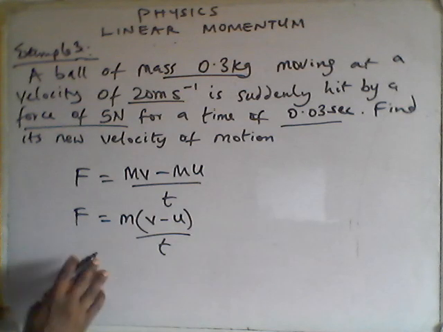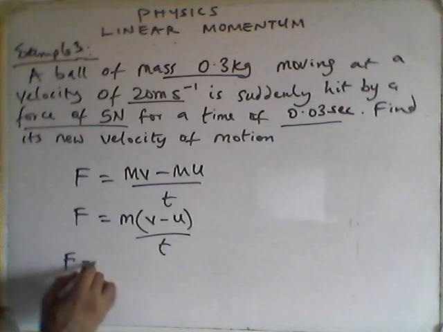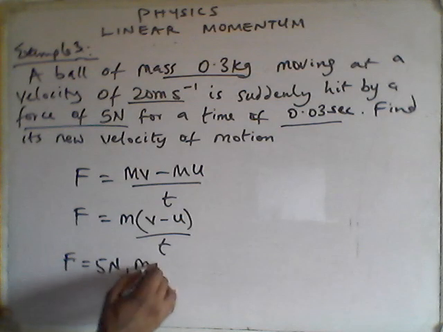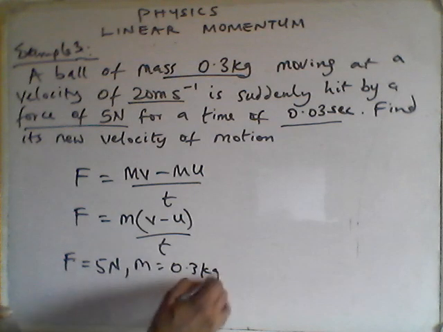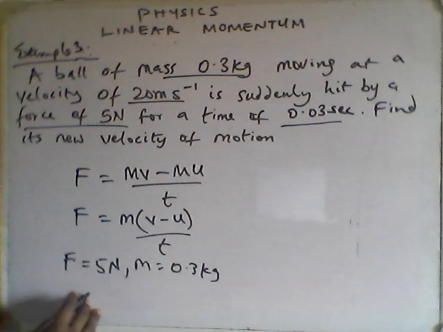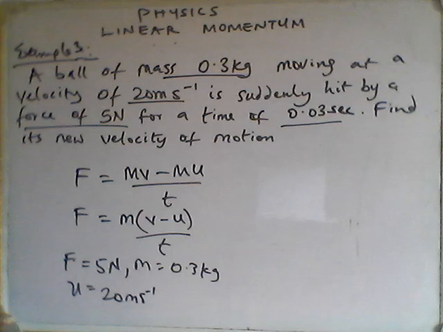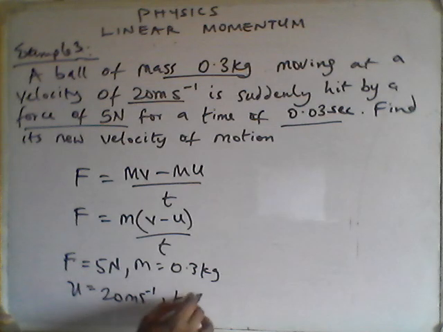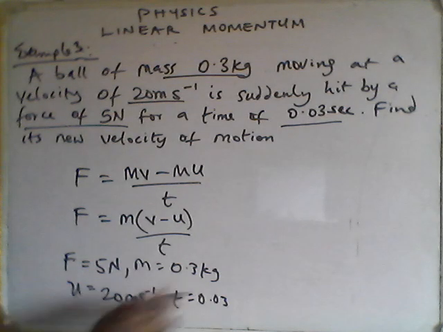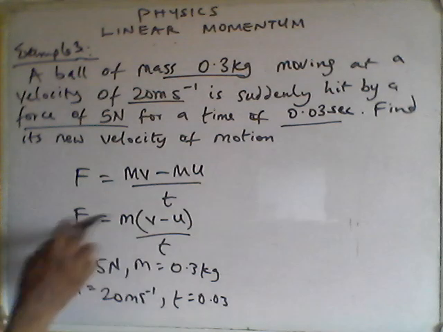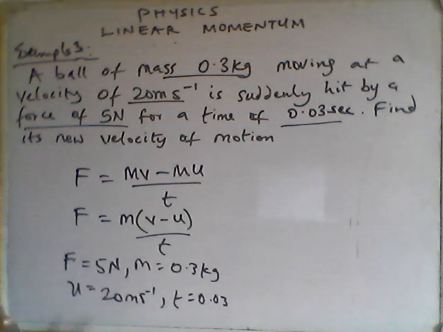Every other thing is given here. F is given as 5 Newton. M is given as 0.3 kg. Initial velocity u is given as 20 meter per second. And time is given as 0.03 seconds. I have four parameters, and I'm looking for v final.